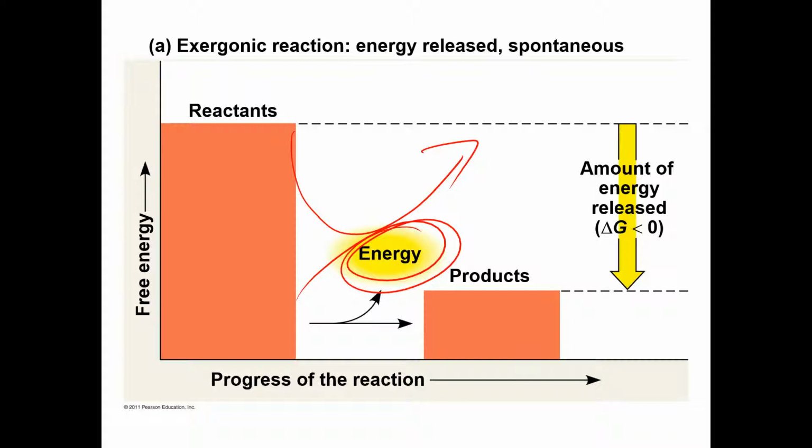Here, the overall difference, your product value, is going to have less energy. The difference gives you a negative delta G value, so it's less than 0, and as a result, this is a spontaneous reaction.